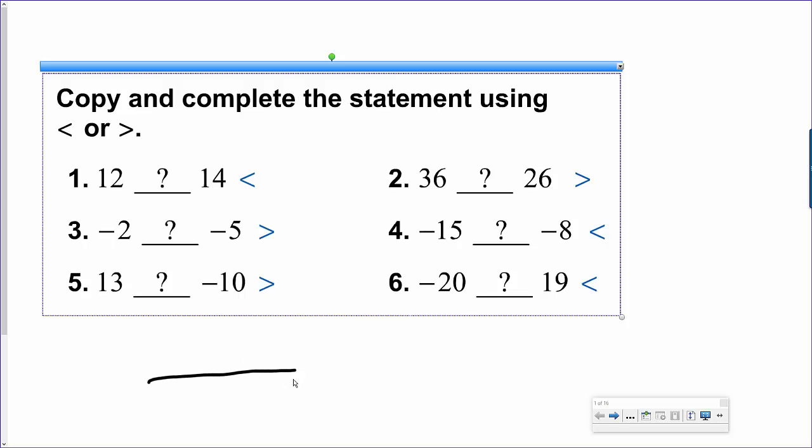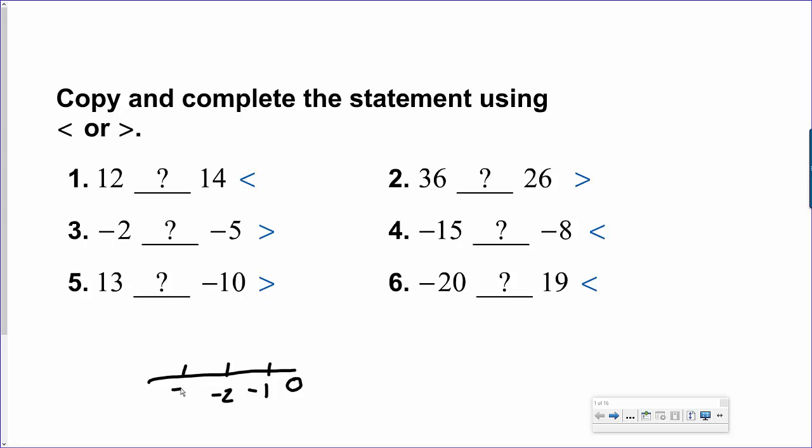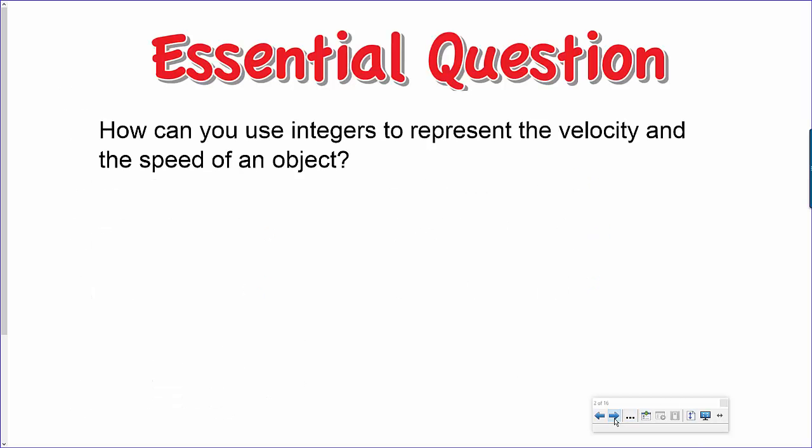If I look at 0 right here, then I go negative 1, negative 2, negative 3, negative 4, and finally negative 5 is over here. Negative 2 is closer to 0, therefore negative 2 is the greater value.